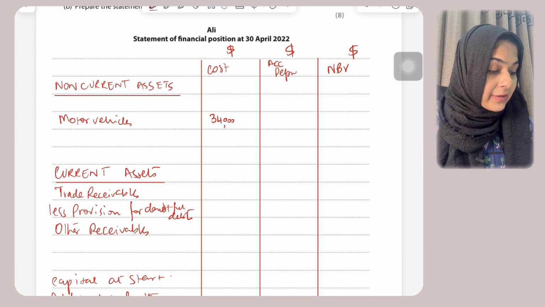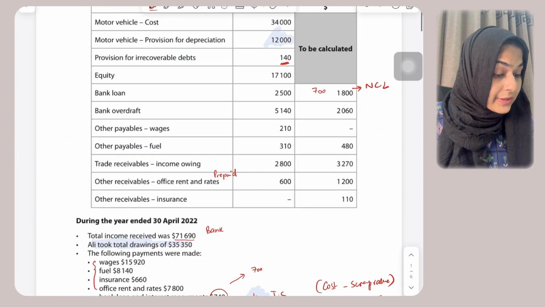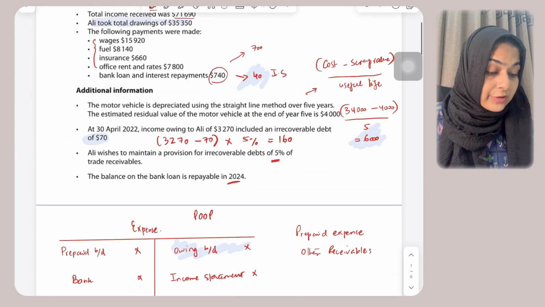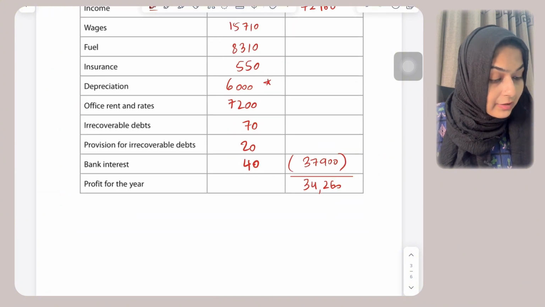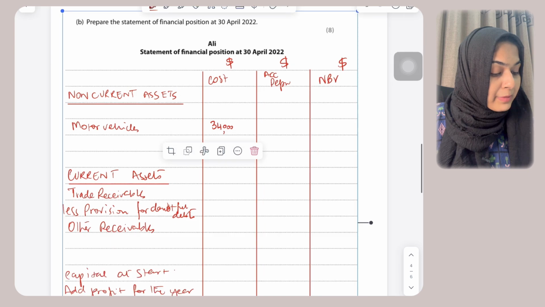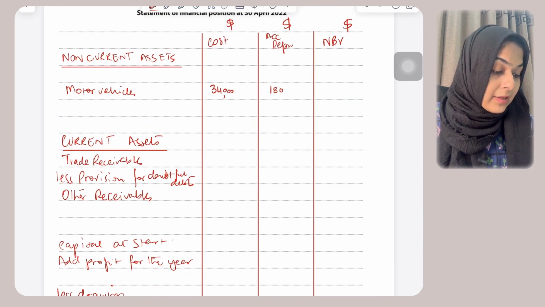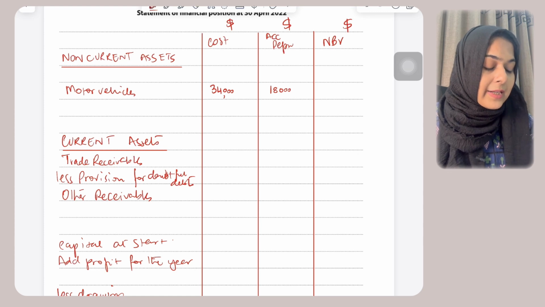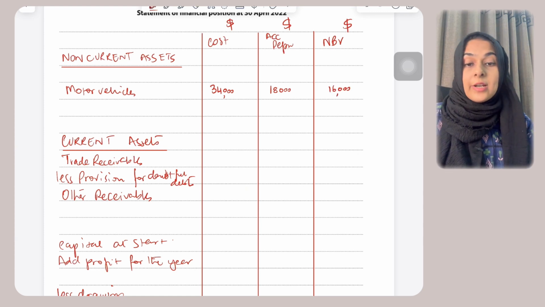Accumulated depreciation at start was 12,000, given in the question, plus 6,000 that we have charged as depreciation in the current year. So my total depreciation at the end of the year will be 18,000. 34,000 minus 18,000 gives you 16,000, which is my net book value at the end of the year.